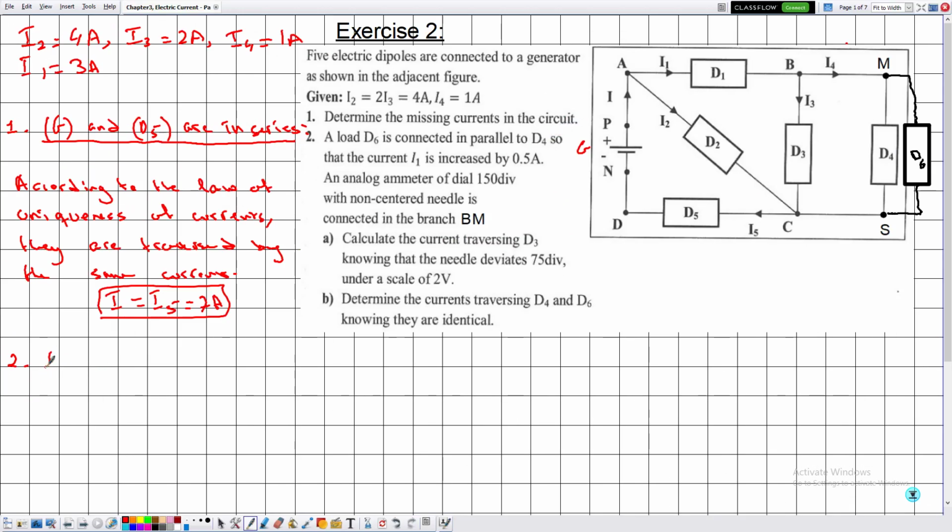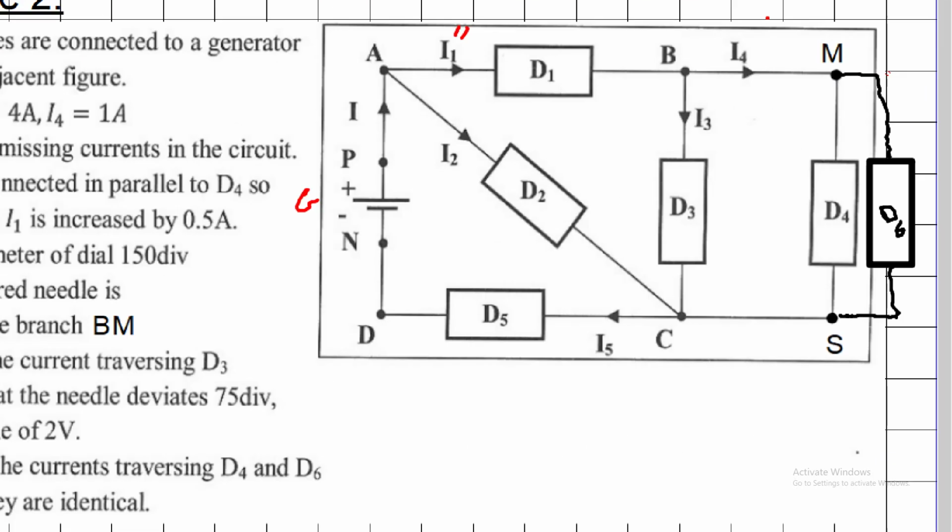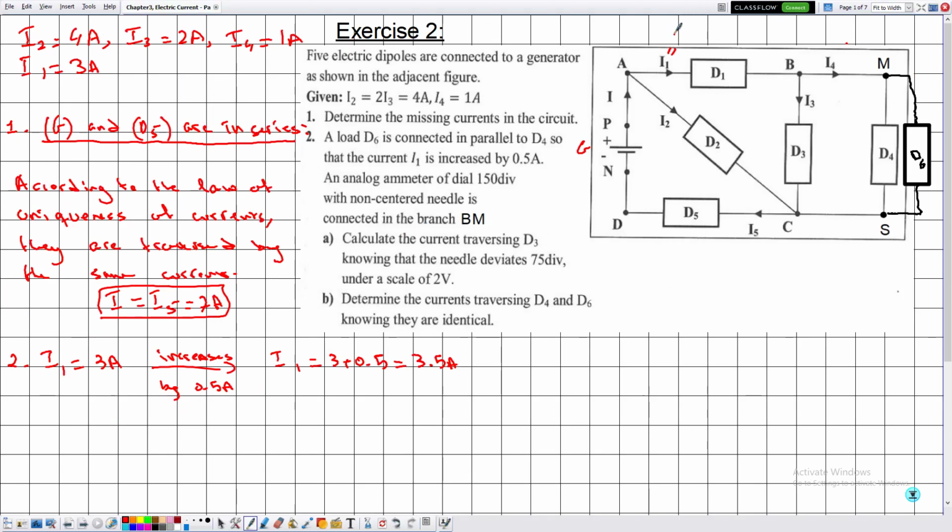Previously I1 is equal to 3 amperes, so it increases by 0.5 amperes, which means that the new I1 is given by 3 plus 0.5, which is equal to 3.5 amperes. So we have that the new value of the electric current corresponding to the new circuit under this change is given by 3.5 amperes.